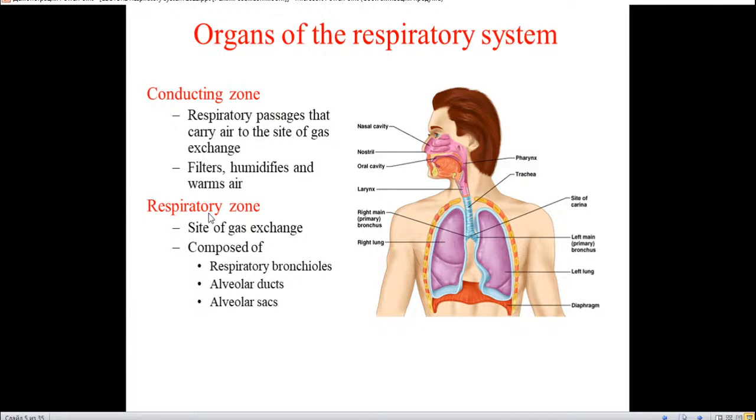So the conducting zone begins from the nasal cavity and ends in the respiratory zone, which is composed of respiratory bronchioles, alveolar ducts and alveolar sacs.